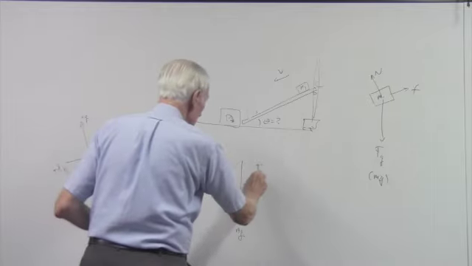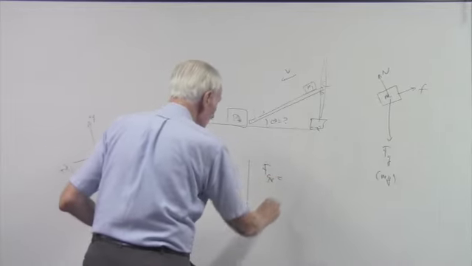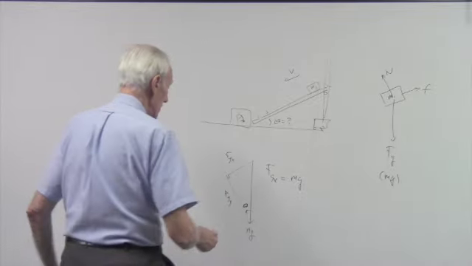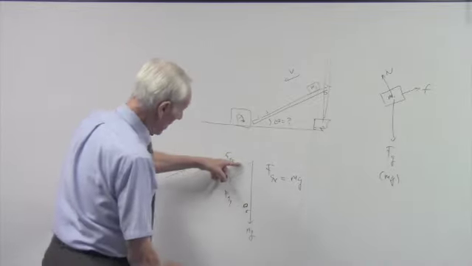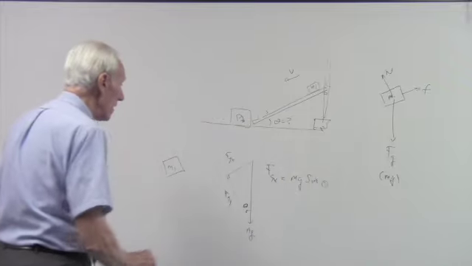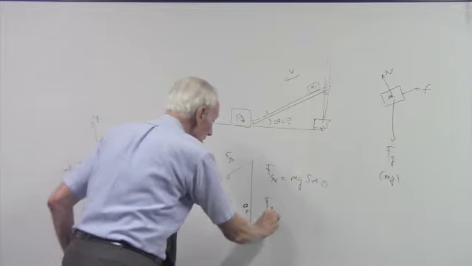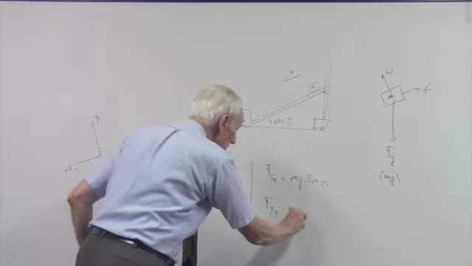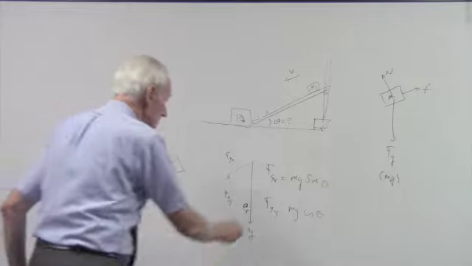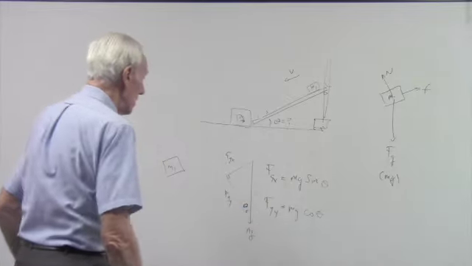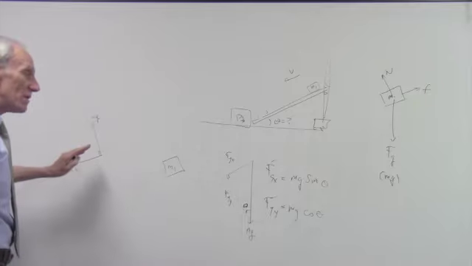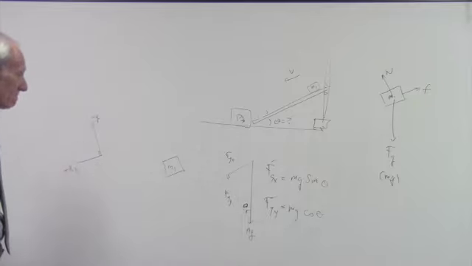That is, we see F_gx is equal to mg, times the opposite side, so that's the sine of theta. And F_gy is equal to mg times the cosine of theta. So these are our two force components in our tilted axes directions.